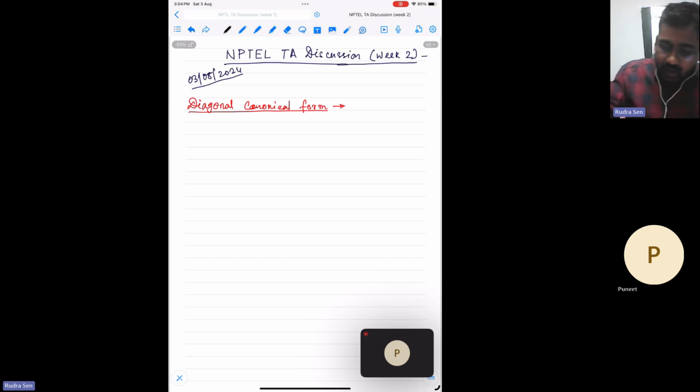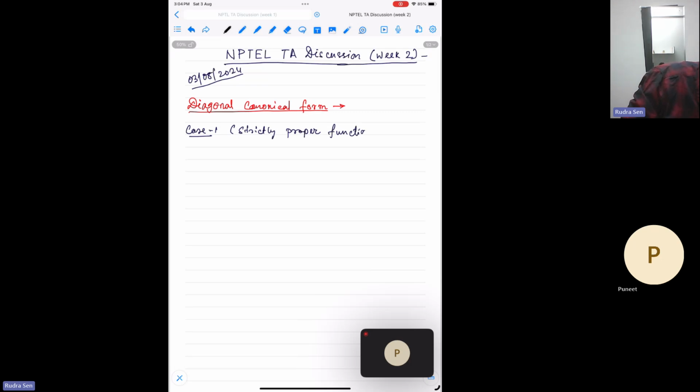First, in the diagonal canonical form, case one is the strictly proper function. I hope you remember from the previous class what a strictly proper function is: the numerator has a lower degree than the denominator, meaning the number of poles is greater than the number of zeros.